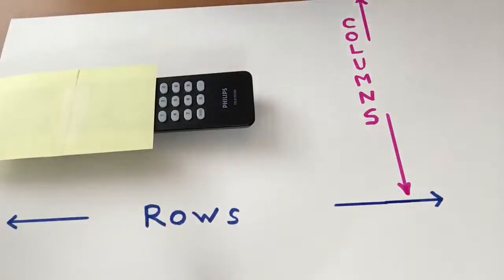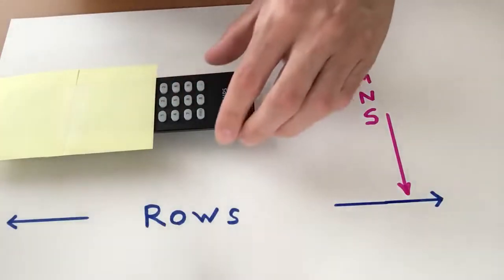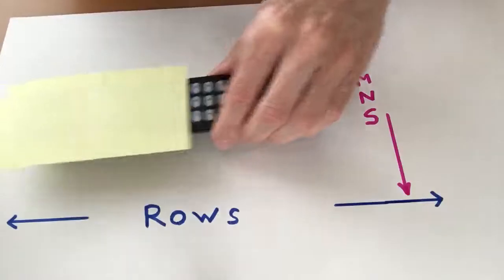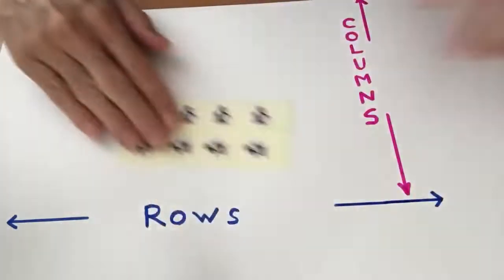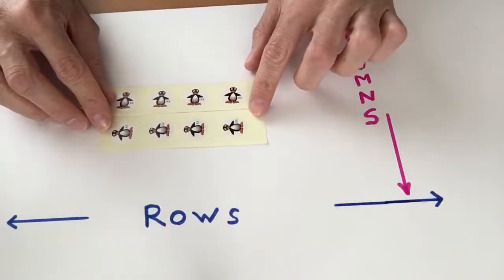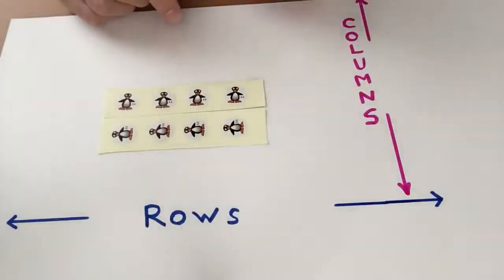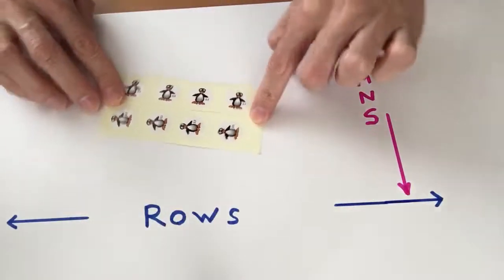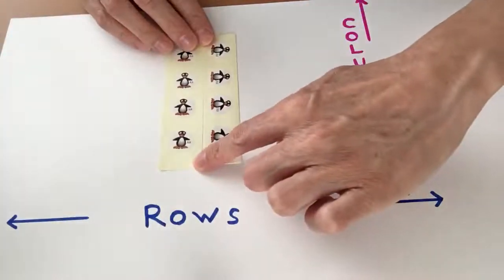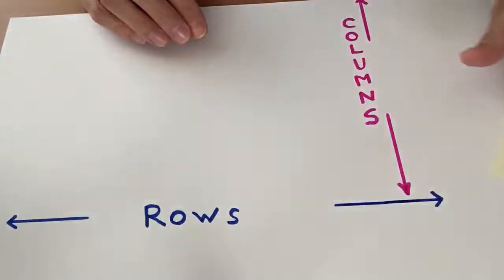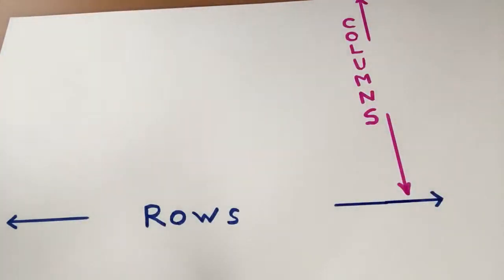But we still have the same array, the same number of objects in the array, the same number of buttons. Just like we did before here with the stickers, we have the same number of stickers, no matter if we have it this way or this way.